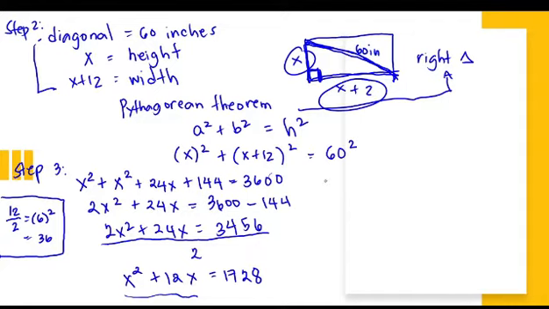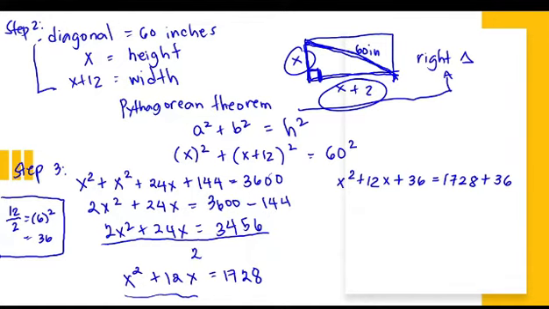So kasi nga pwede natin gamitin at mas madaling gamitin dito ang completing the square kasi medyo malaki yung ating constant term. So add natin yung 36 both side of the equation. We will have x squared plus 12x plus 36. So both side yan equal to 1,728 plus 36.